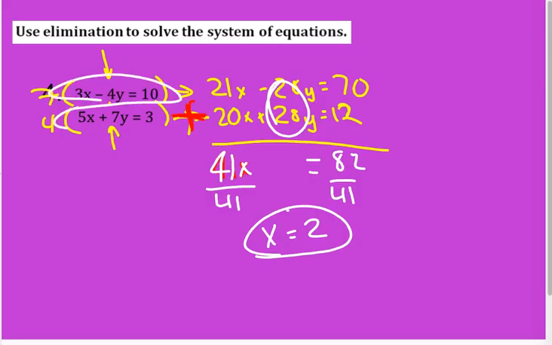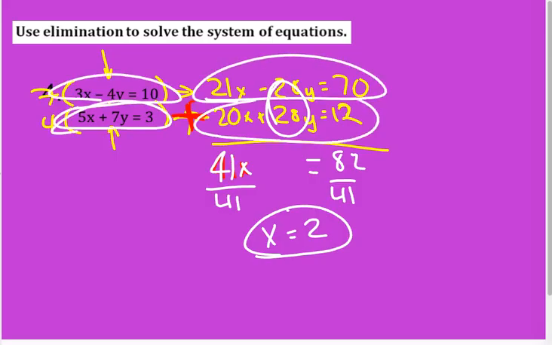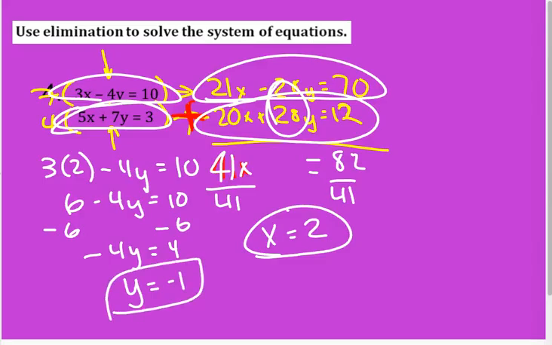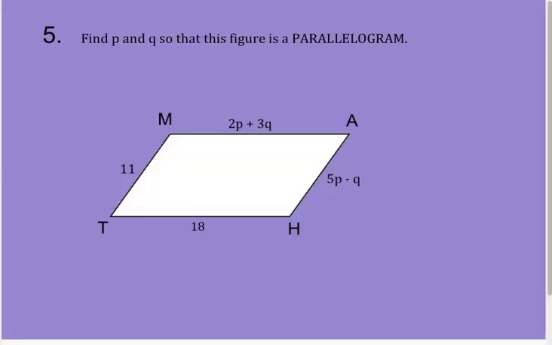You can substitute in here, here, or the ones you calculated, or the ones you multiplied by. So 3 times 2 minus 4y equals 10. So 6 minus 4y equals 10. So negative 4y equals 4. So y should probably be negative 1. So my solution there is going to be (2, -1).